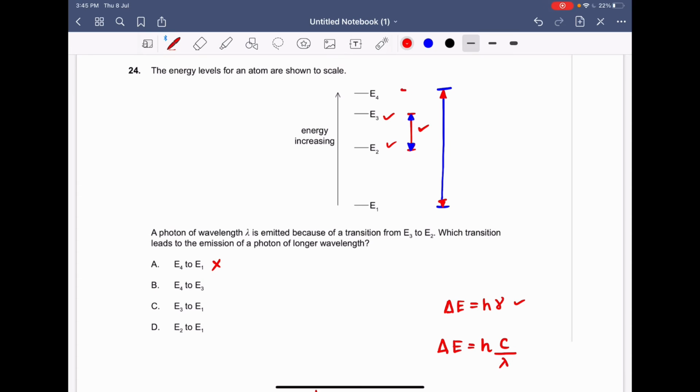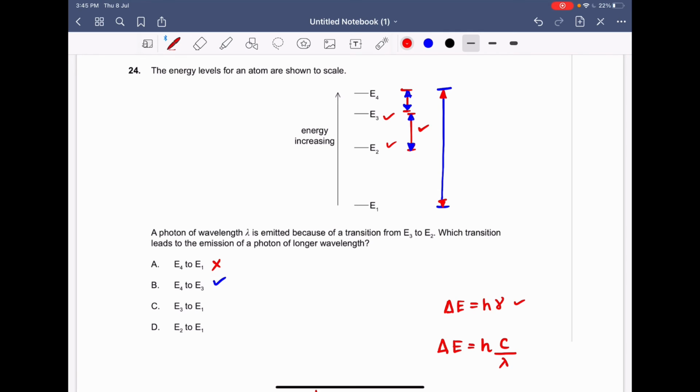See, the transition E4 to E3 is actually smaller than E3 to E2, right? So when the transition is smaller, the energy difference is smaller. What will happen? It will emit a photon of larger wavelength compared to E3 to E2, right? So this is the correct option.